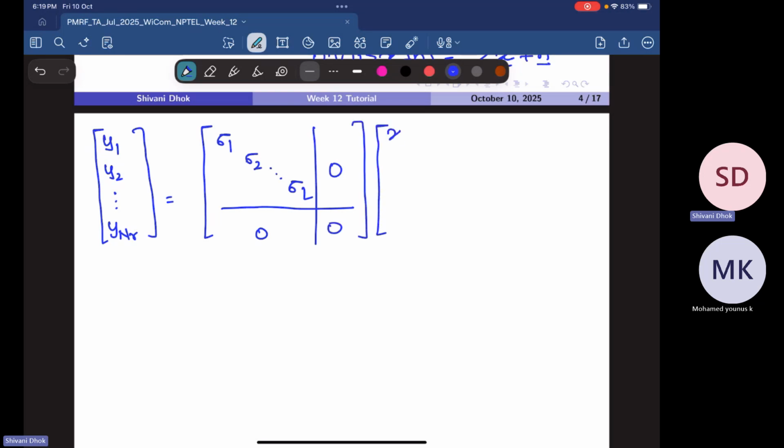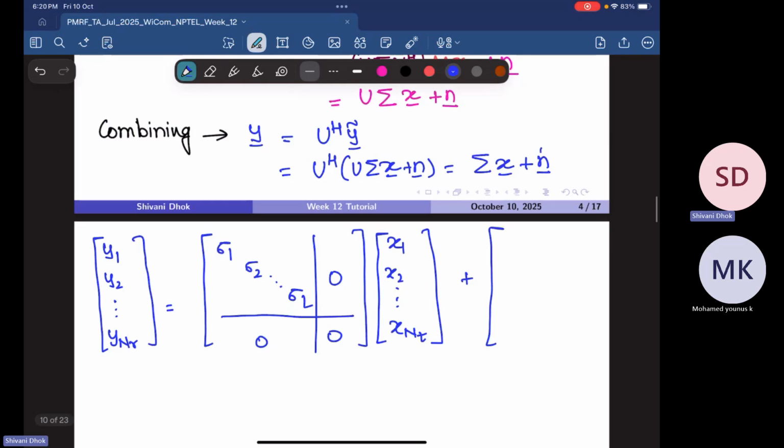And I'll have x1, x2 and so on till x NT, plus noise n1 tilde, n2 tilde and so on till n NR tilde.